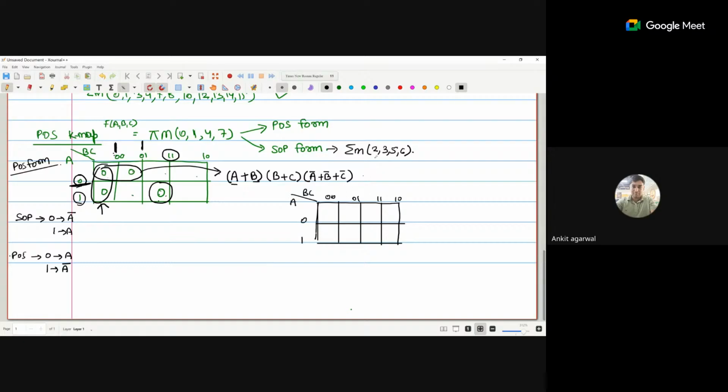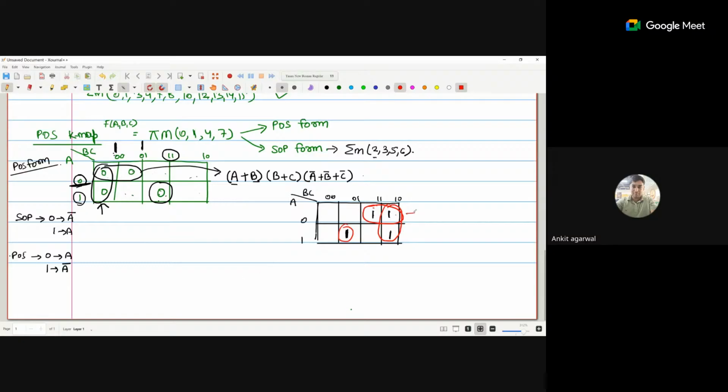Now for the 2, for the 3, for 5 and 6, where POS terms are not defined, that is defined in SOP. Now again the groups are: one group with this, one group with this one, and one single group.